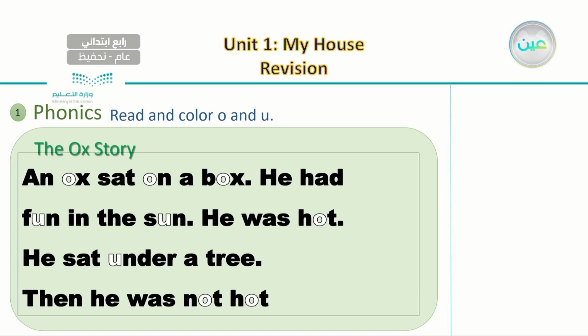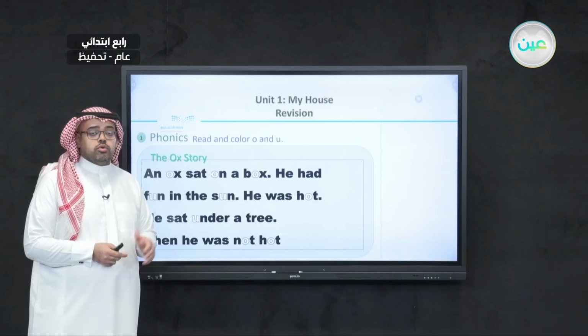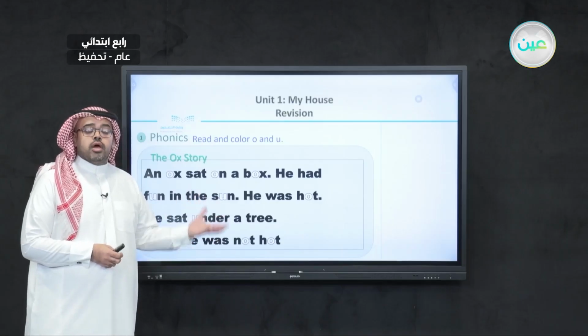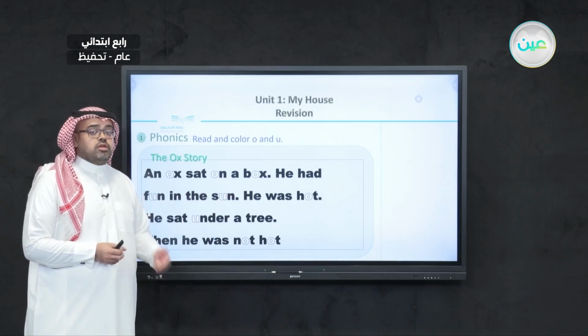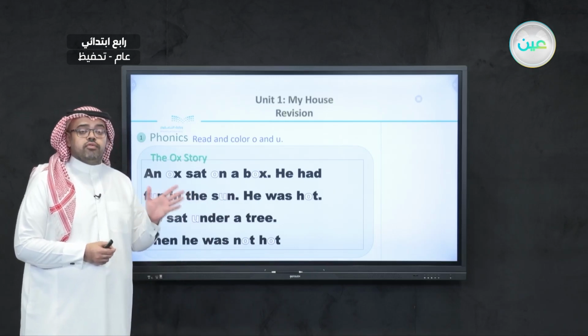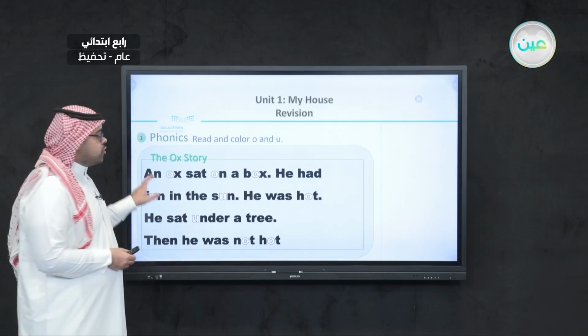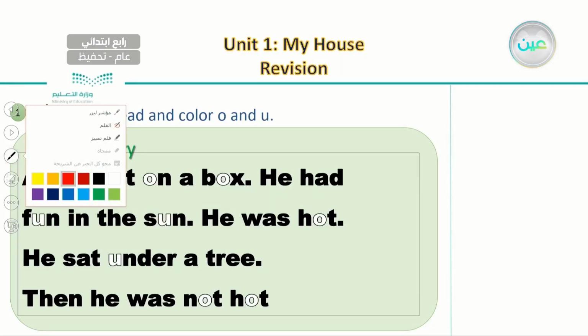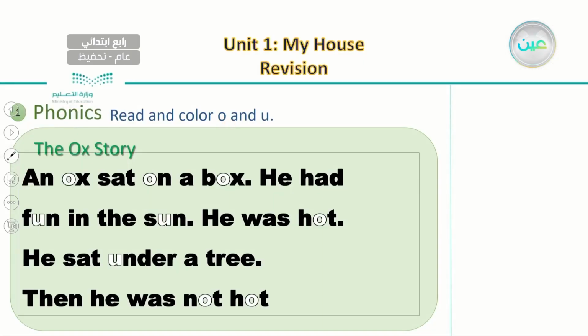From last lesson, we read a story that is called The Ox Story. We read about an ox, and after this we said it with the teacher while following, and then we colored the letters O and U. And this is exactly what we are going to do now.